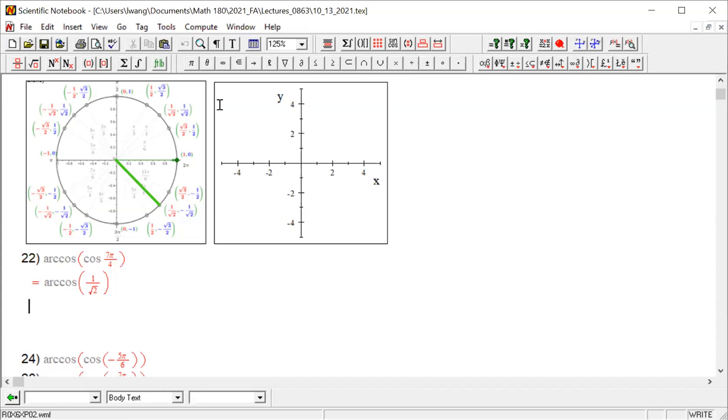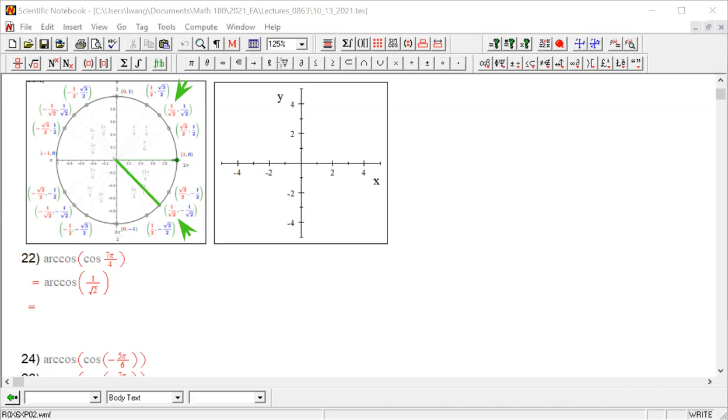Your angle coming out of arccosine needs to be between 0 and pi. What is that angle with the same value, 1 over root 2? Which terminal is fitting for that?